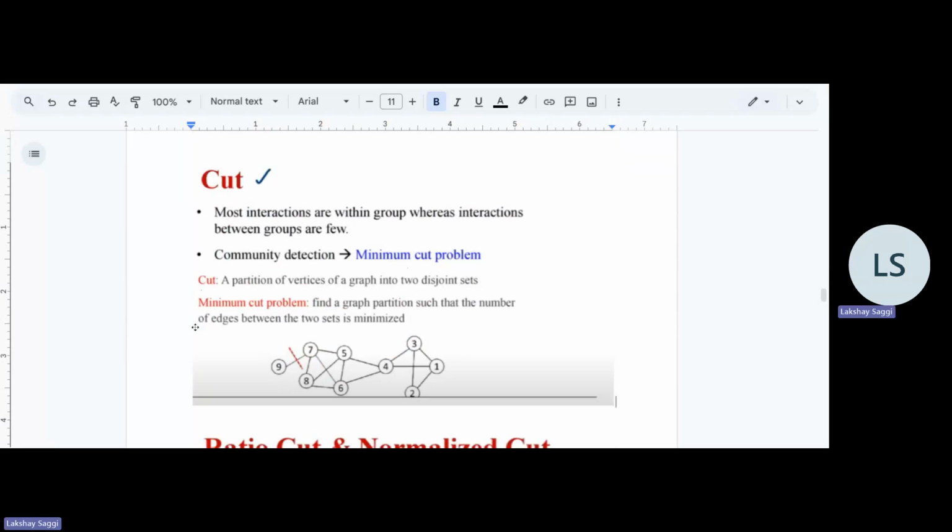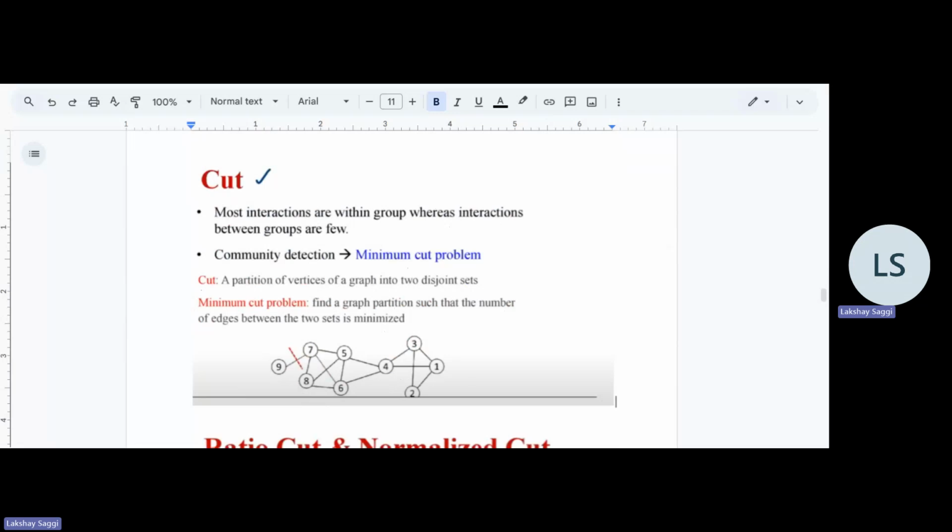And this is precisely the minimum cut problem. So intuitively this corresponds to minimizing the interactions between communities, and this can be a good starting point for community detection.